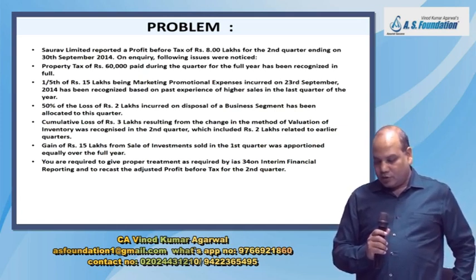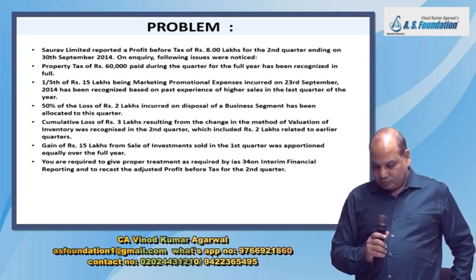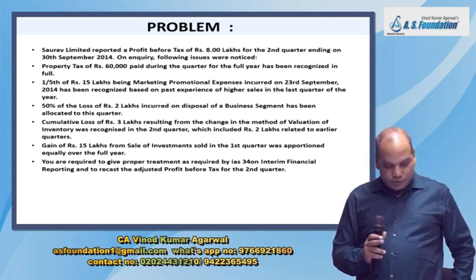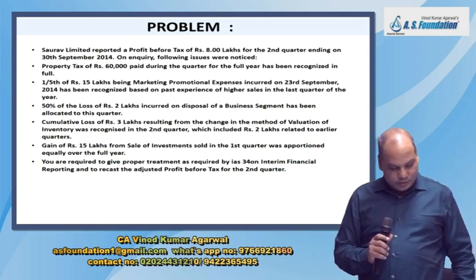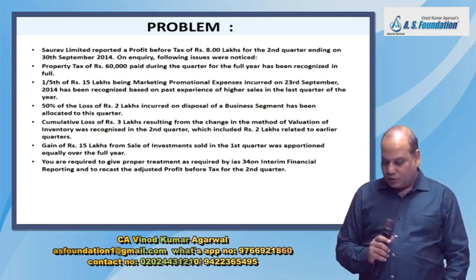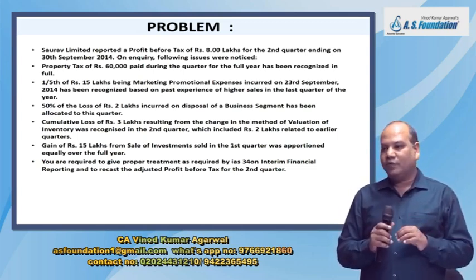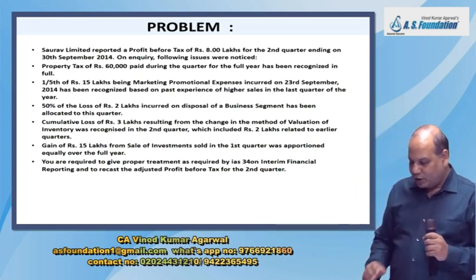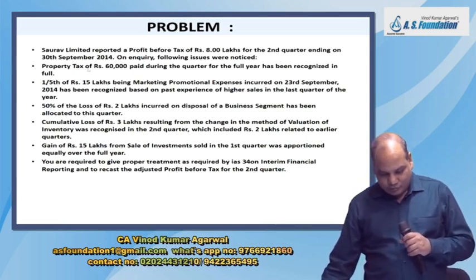Property tax of rupees 60,000. So what you do, first you type 8 lakh on your calculator and we have to reach the correct profit of this interim period. So 8 lakh you have typed on your calculator. Okay, now tell me what will you do.